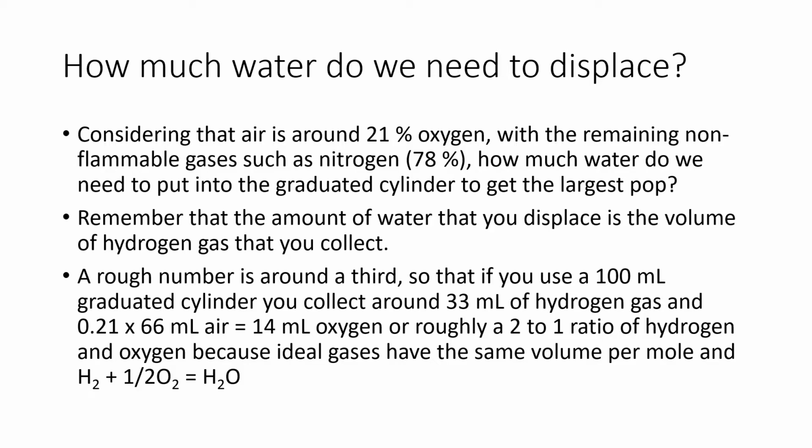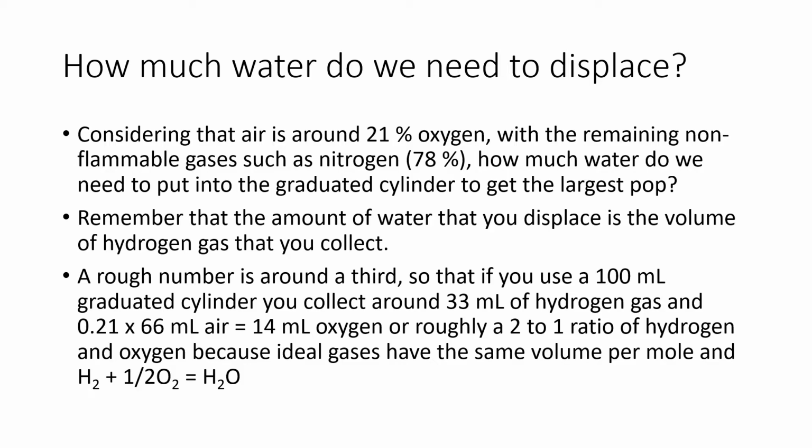Something to remember is that the amount of water that you displace is the volume of the hydrogen gas that you collect. So it's about a 1-to-1. So for every mole of gas that you add into the cylinder, you're removing 1 mole of water. Or in other words, for every ml of gas that you're adding, you're removing an ml of water.